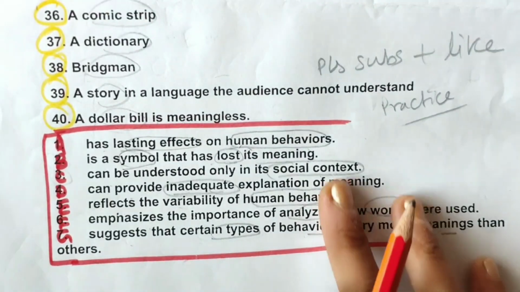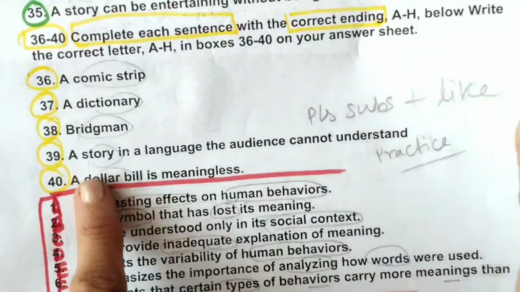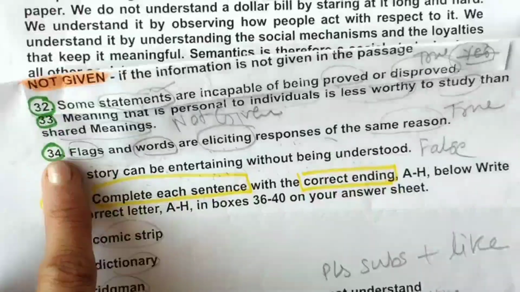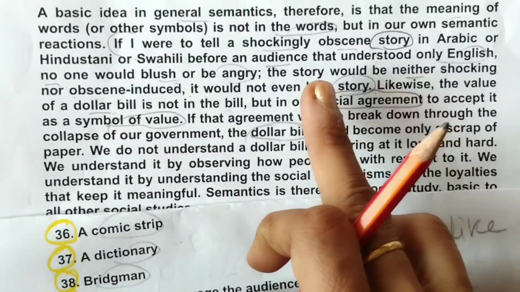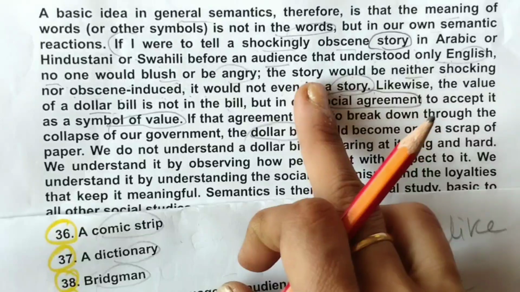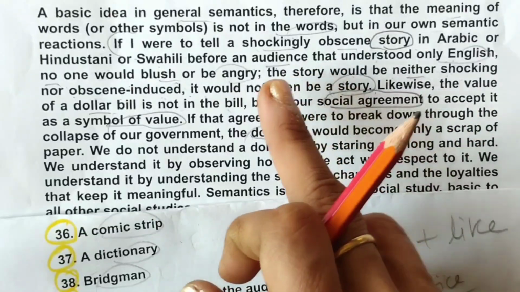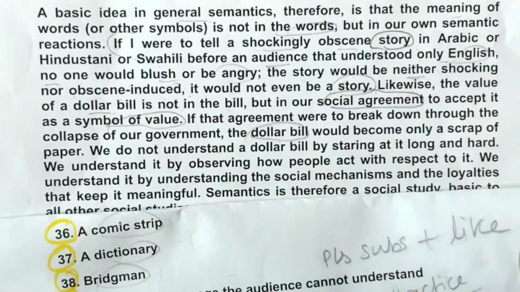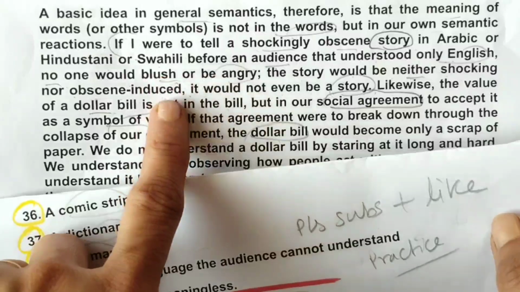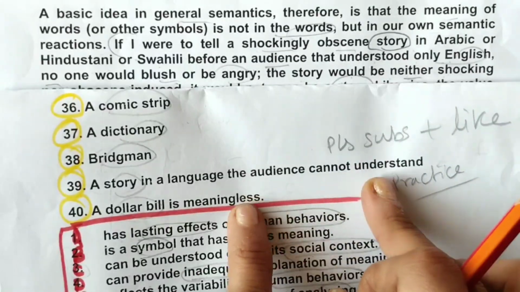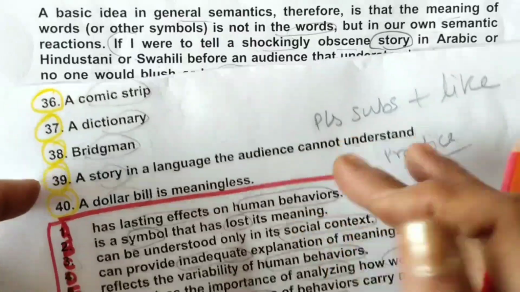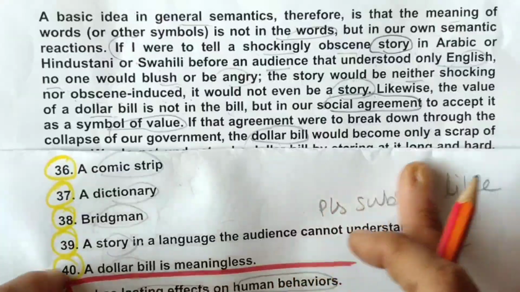Okay, let's go to the story. Here it is in the same paragraph. See this story, in the same paragraph it is given, and we know the main theme of the story: without language, we cannot understand anything here. So we already know they were talking about a story in a language that the audience cannot understand. Okay, what will it be?